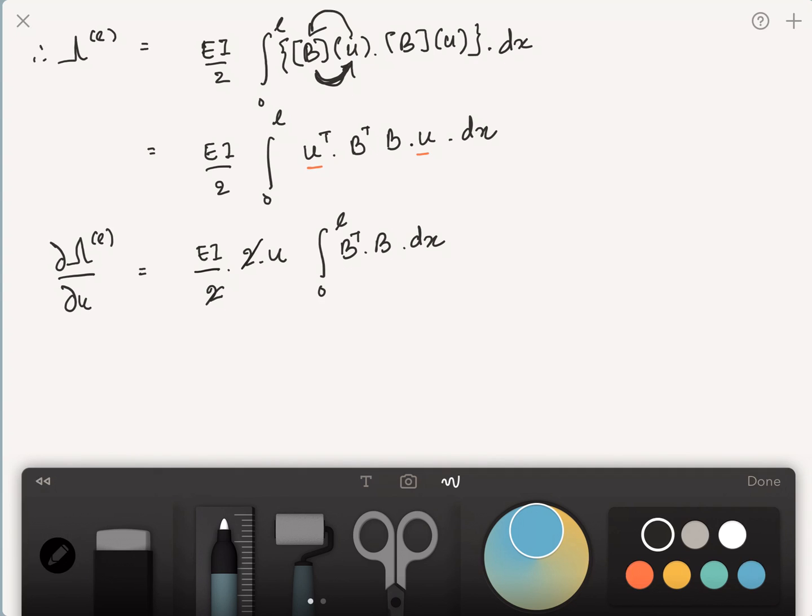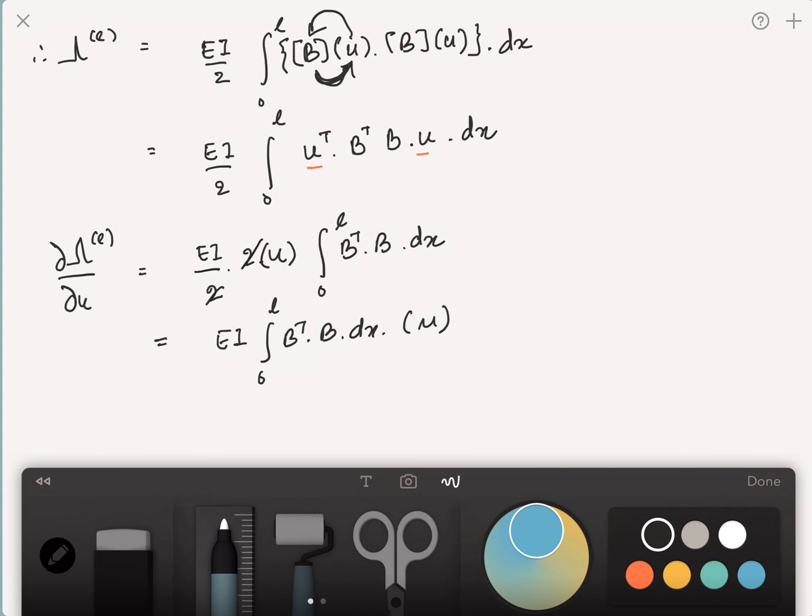So of course this goes away, and to make it look better, and because it will be much easier to look at when we set it up in terms of the stiffness matrix, we can write it as EI, integral 0 to L B transpose B dx, and at the end we write the vector U. So this is a very compact way of writing it.